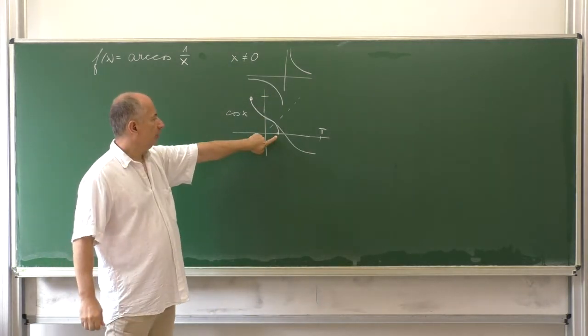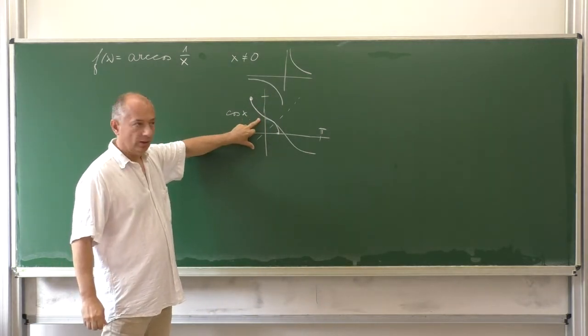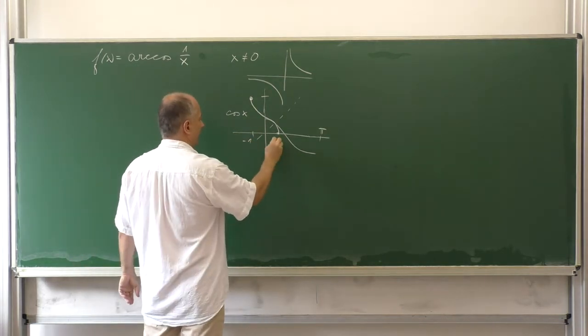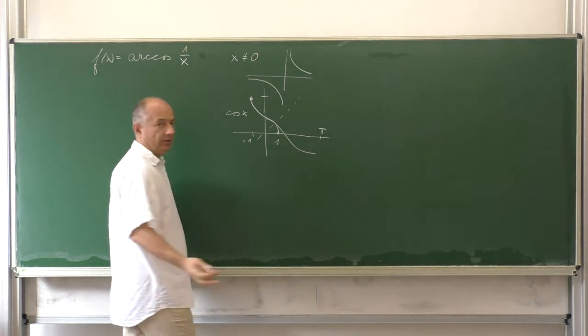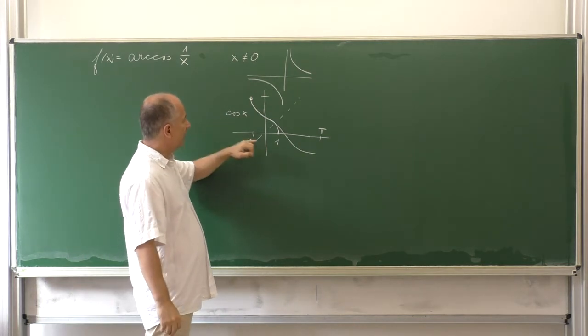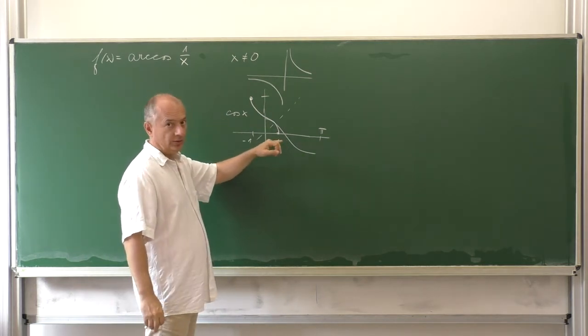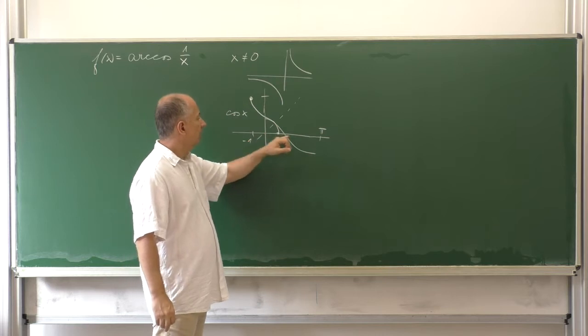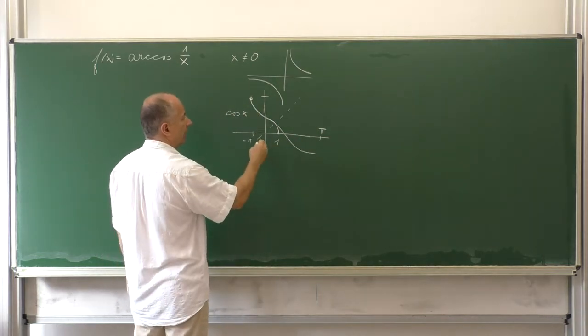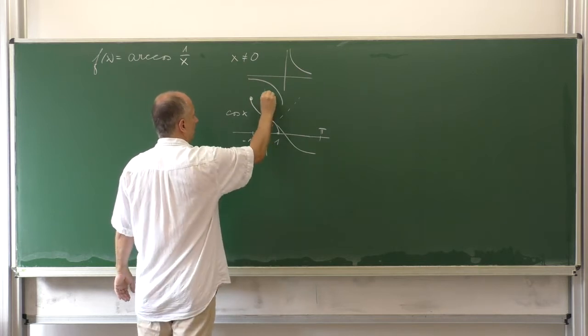As cosine produces values between -1 and 1, then arc cosine accepts x values, the inputs in the interval -1, 1. And as cosine is defined in this restriction for 0 to pi, then the arc cosine gives results between 0 and pi.